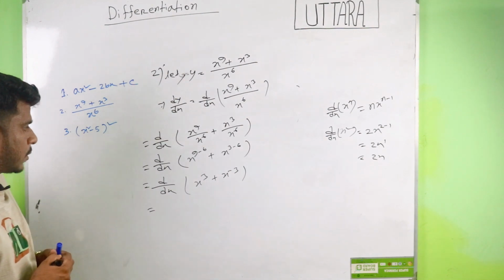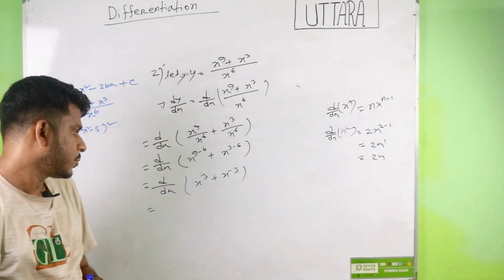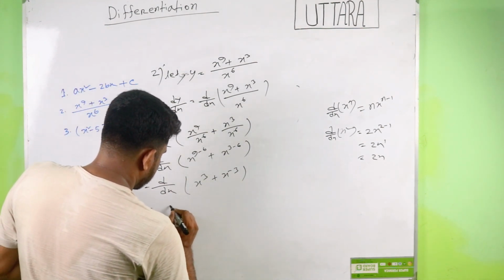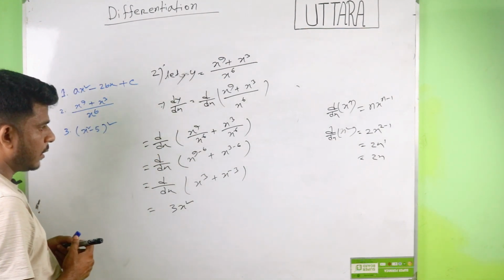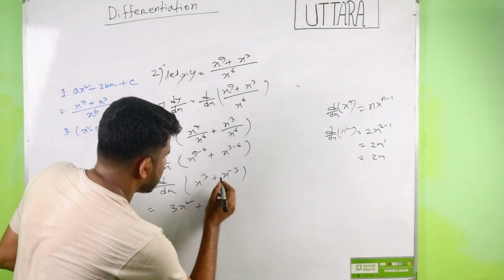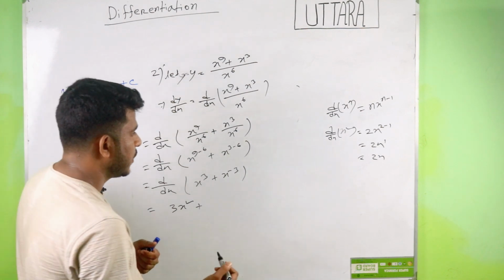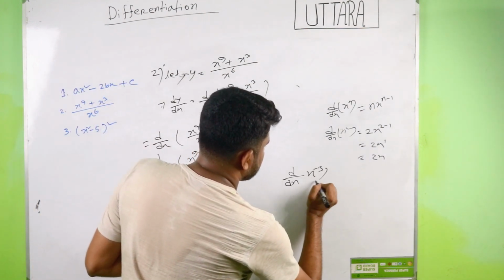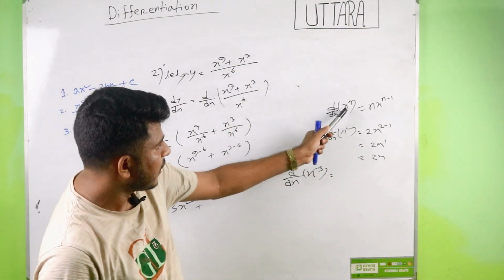Now we are going to differentiate this term with respect to x. If we differentiate x cube, we get 3x square. And if we differentiate x to the power minus 3, that is d by dx of x to the power minus 3, we have a formula for x to the power n.